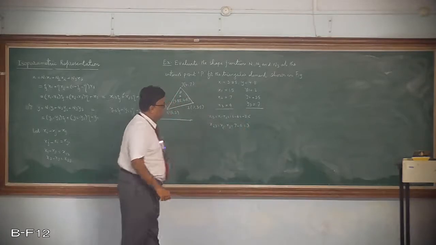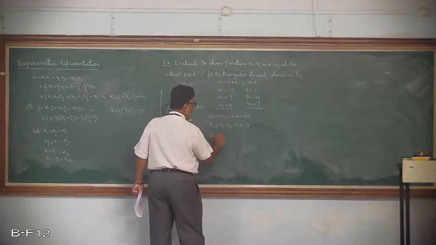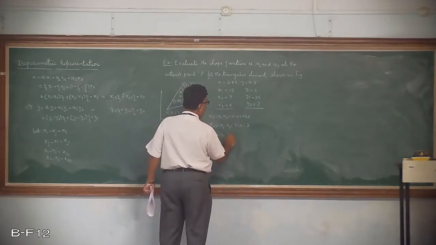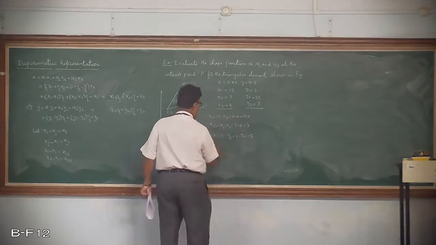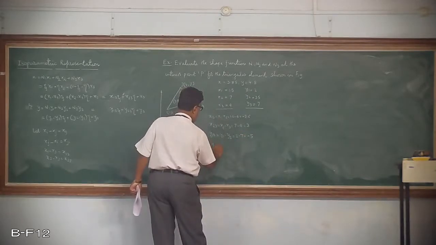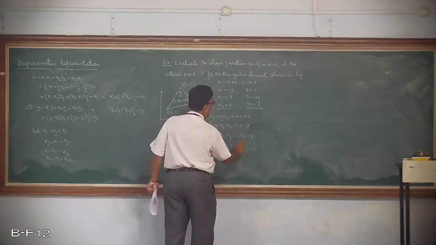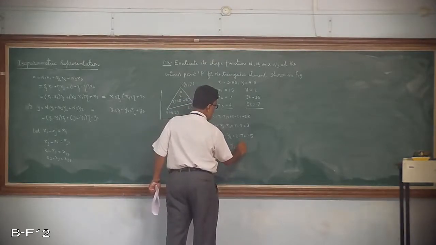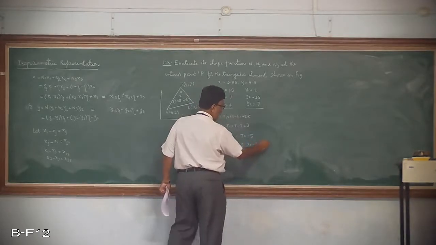Similarly, y13 is y1 minus y3, that is 2 minus 7, which is minus 5, and y23 is y2 minus y3, that is 3.5 minus 7, which is minus 3.5.